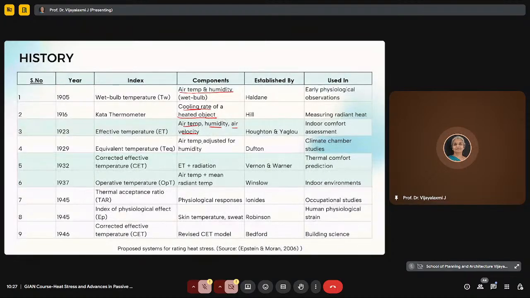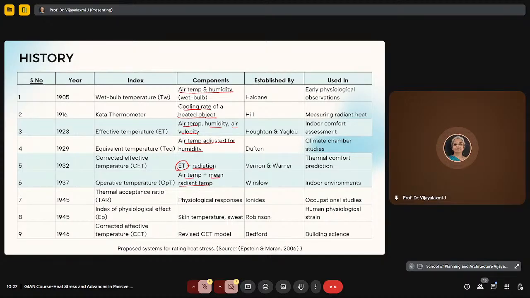So from a nomogram, we can find the effective temperature. Equivalent temperature is air temperature adjusted for humidity. CET, corrected effective temperature, is again effective temperature, but it also adds the factor of radiation. Then operative temperature combines air temperature and mean radiant temperature.